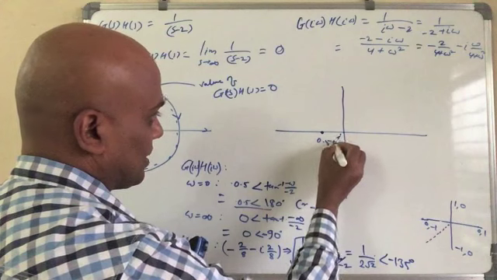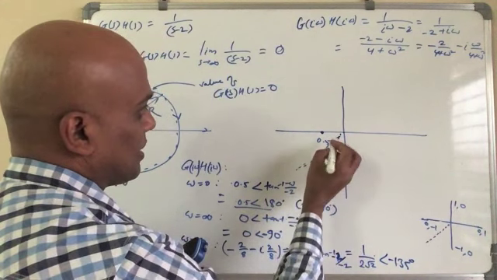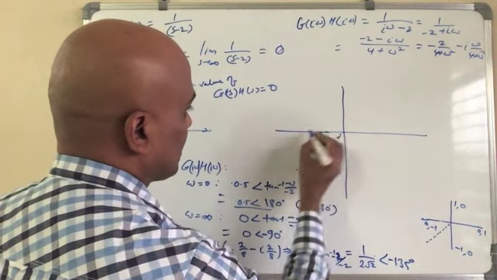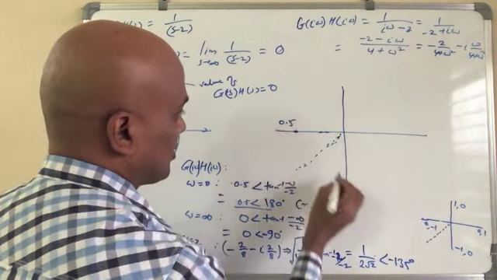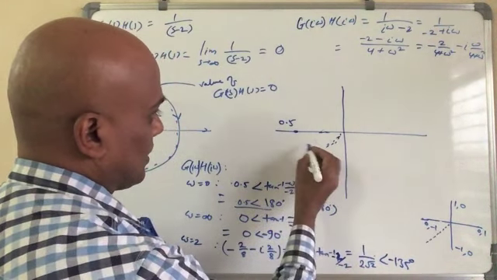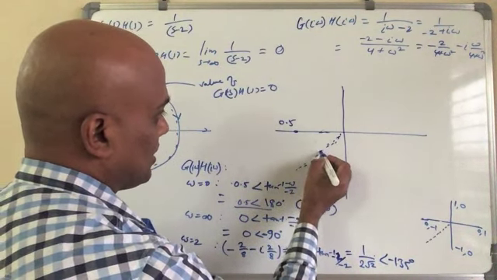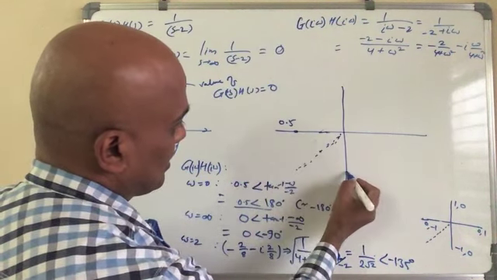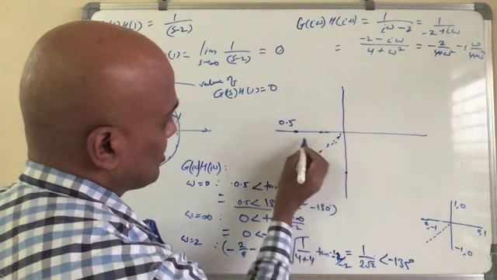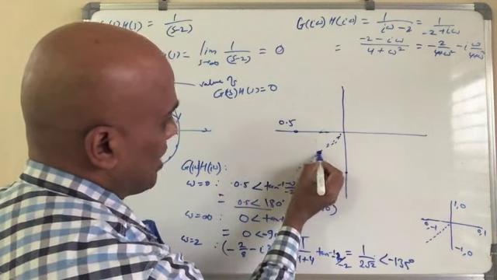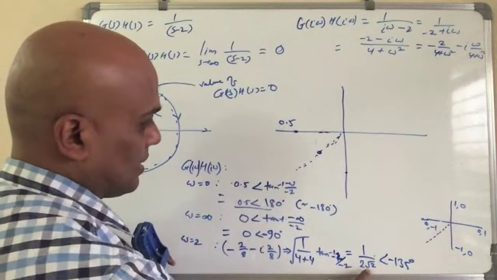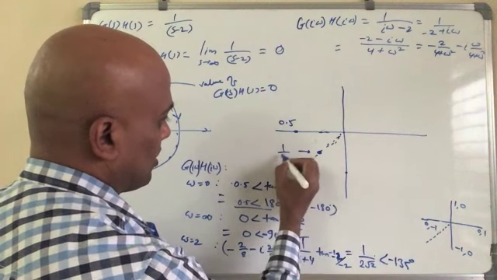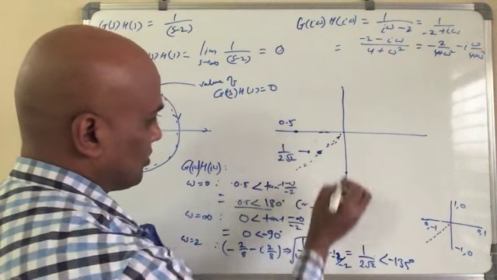So let's keep this a little away, let's call this 0.5, so this will be somewhere here. If this is 0.5 and this one is 0.5, this is the point which will represent this. So this is 1 over 2 root 2.